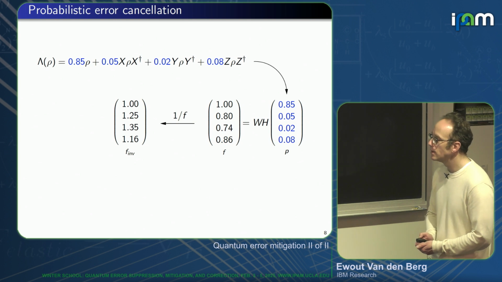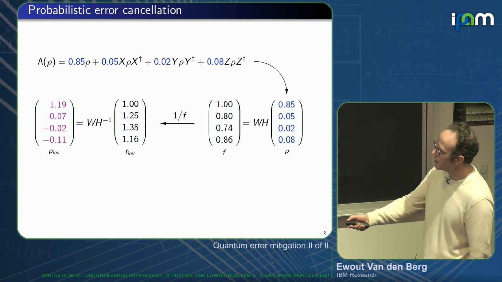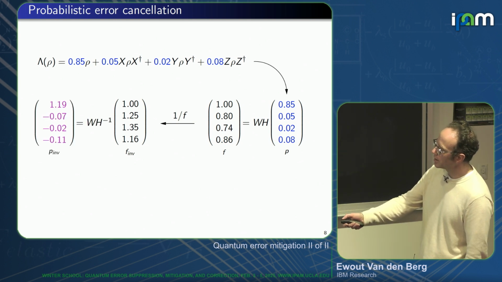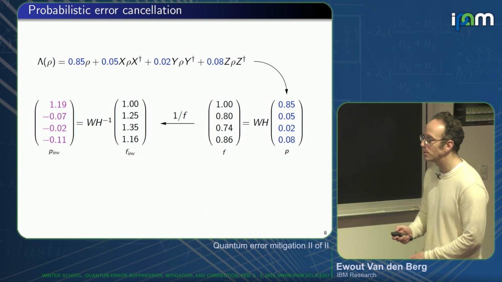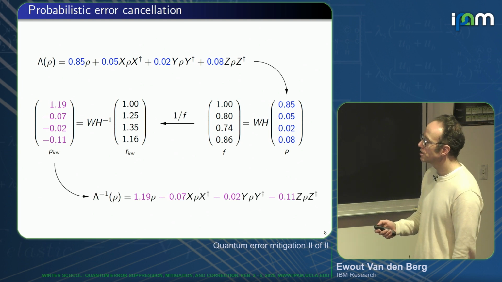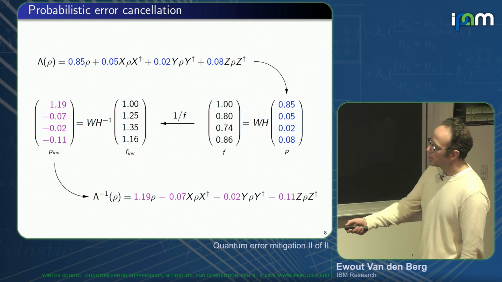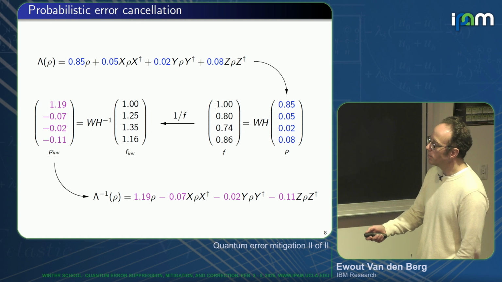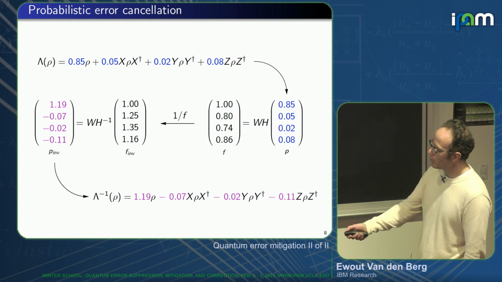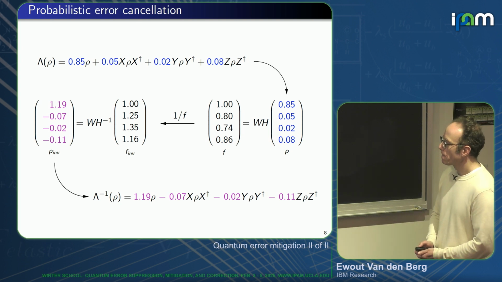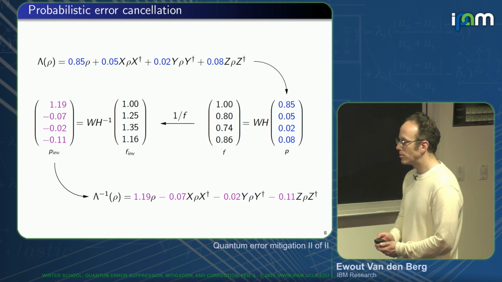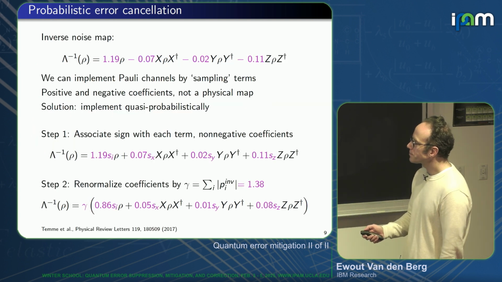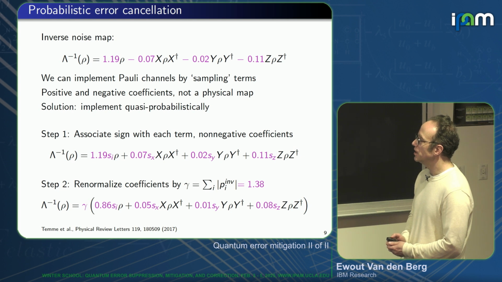And then if we apply the inverse Walsh-Hadamard to this, we get our new, quote-unquote, probabilities. So these will be the channel coefficients, or it's actually a map. The inverse map can be written as this, 1.19 times rho minus something. So it's not a physical channel, but just a map, right? This is just the inverse noise map.